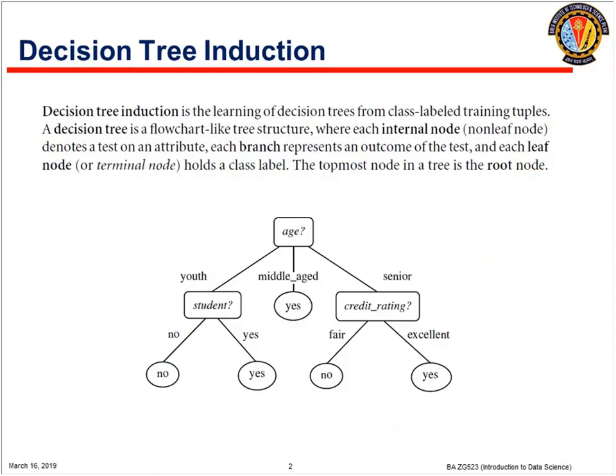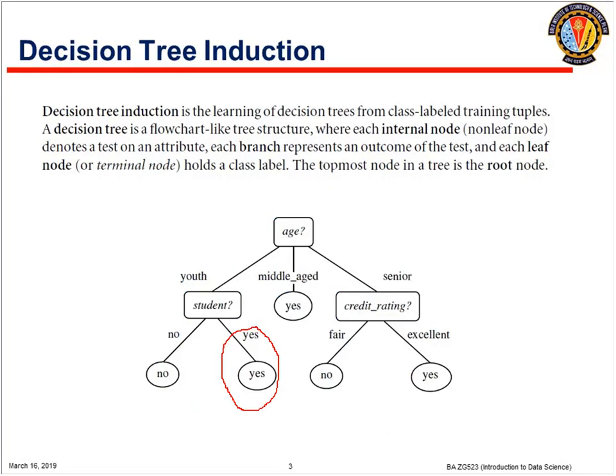Let us say this is the decision tree which has been created. First it was split on age because it was found to be the best criteria based upon a certain method. Then if the age was youth, the second best criteria after that was student, whether the person is student or not. If the person is a student, then the class would be yes.